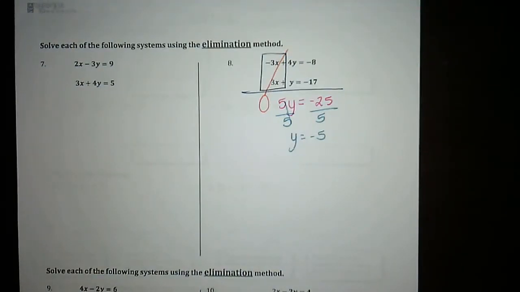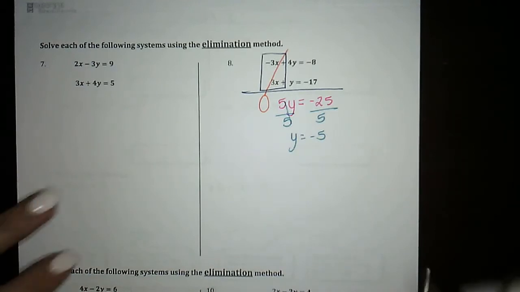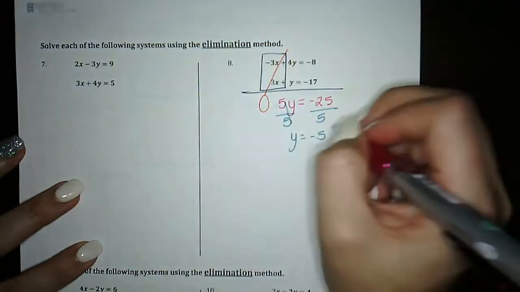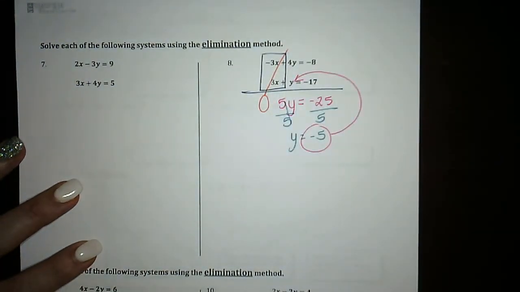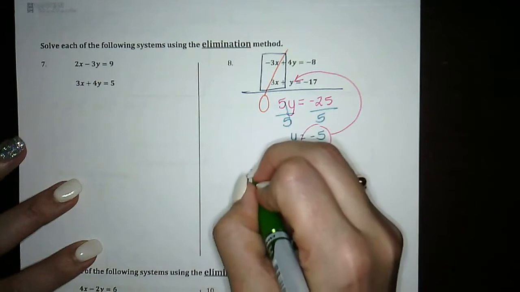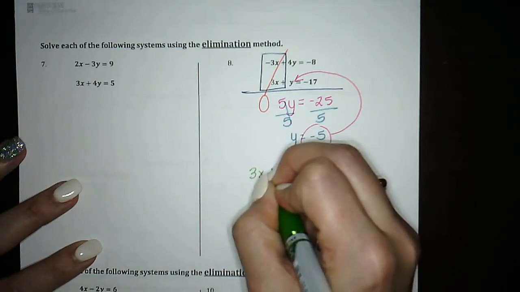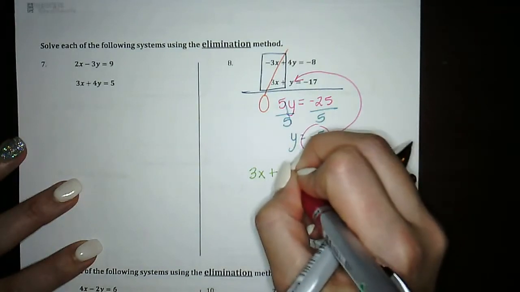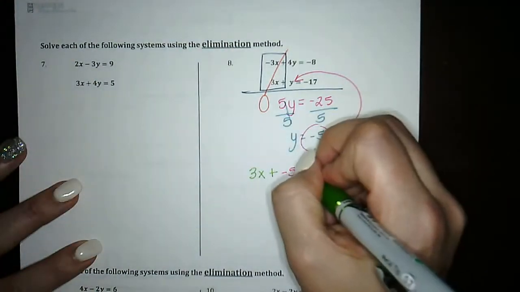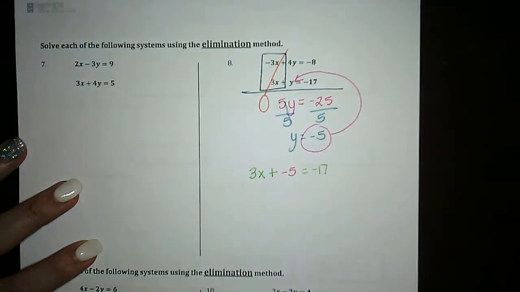Is that it? No, but we're close. Now we've got to substitute this value in for y into one of the equations. We'll do this one. It looks easier. And we're going to simplify and get x. So 3x plus, except y is negative 5, equals negative 17.